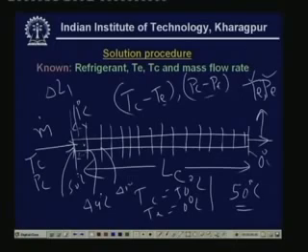Then I move from the first element to the second element, and again I find out the length delta L2 required, so that the temperature can drop from 49 degrees to 48 degrees, and similarly for the third element find out delta L3, so the temperature drops from 48 degrees to 47 degrees. So I proceed starting with the inlet right up to the outlet, and I go on finding the elemental lengths. Finally, if you add up all these elemental lengths, you find out the required capillary tube length. So this is the procedure.